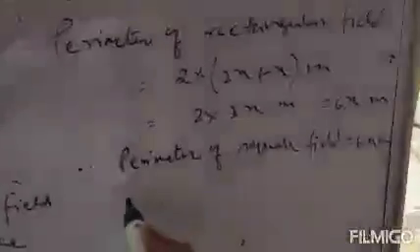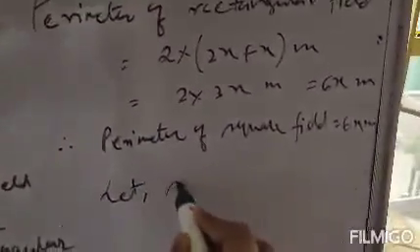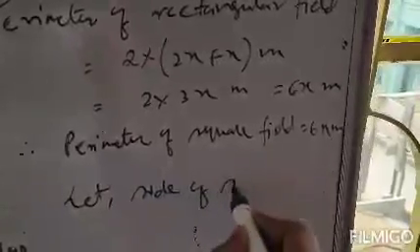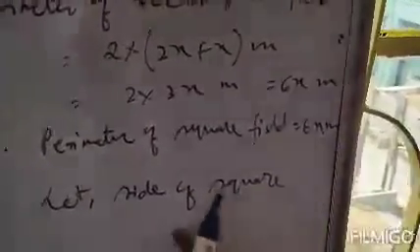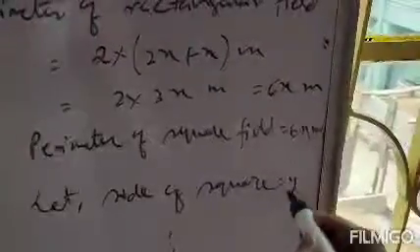But see this line, area of a square field is 5184 meter square. So let side of square equal y meter. So area of a square field is 5184.